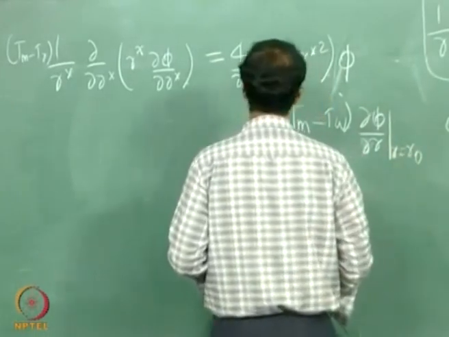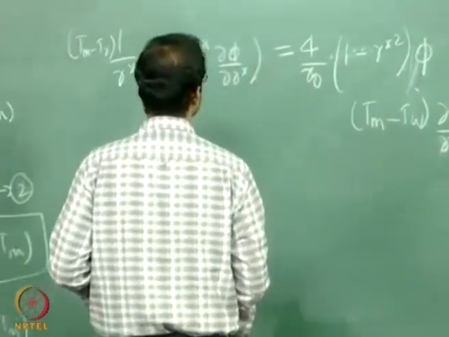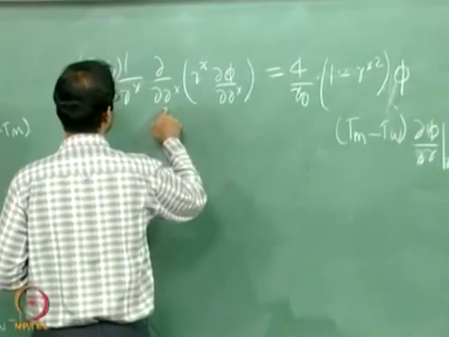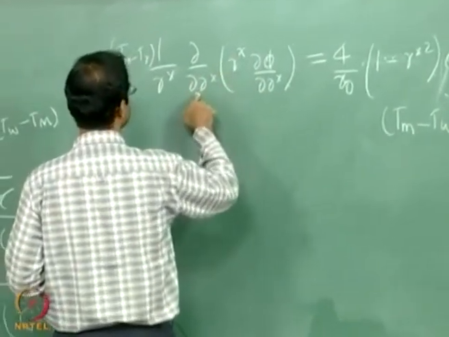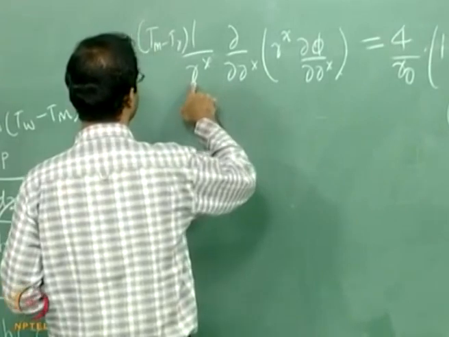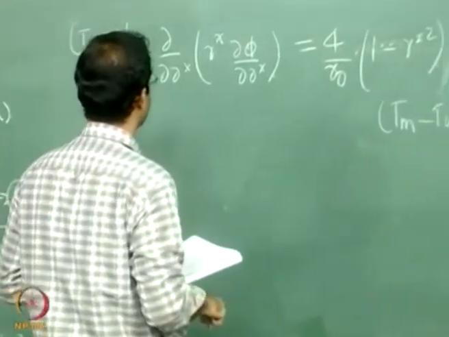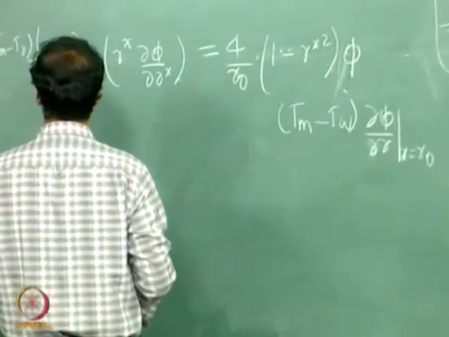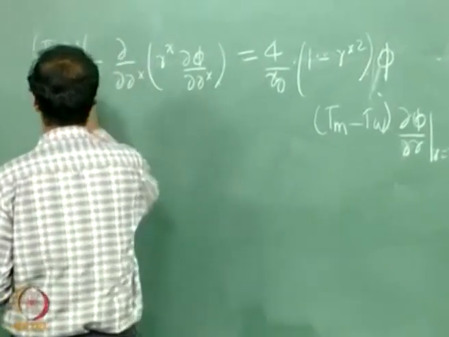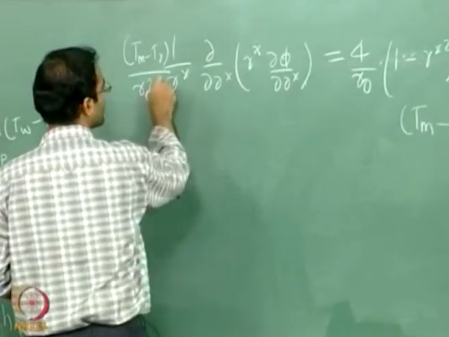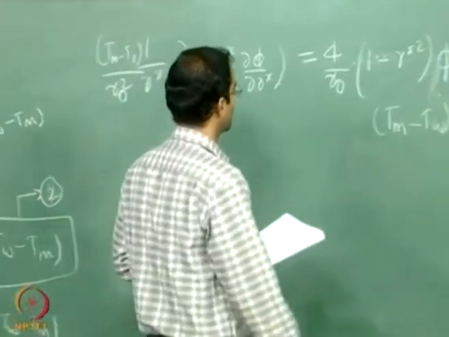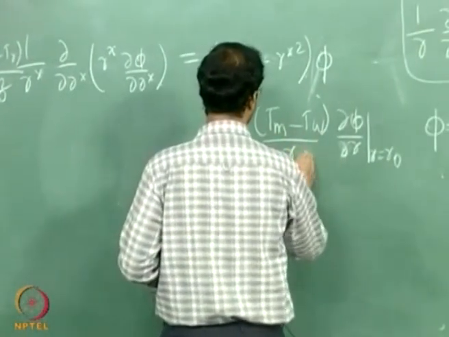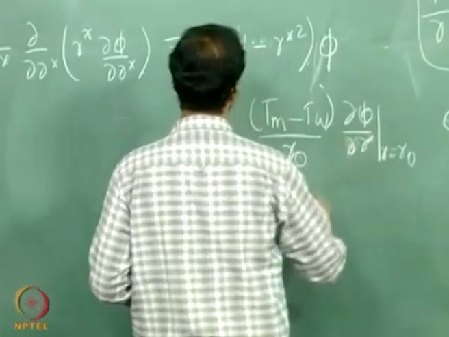So now I have r naught into r naught square, divided by r naught square here, and here I can have again r naught and write this as r star.